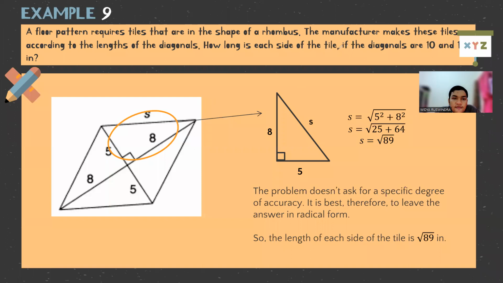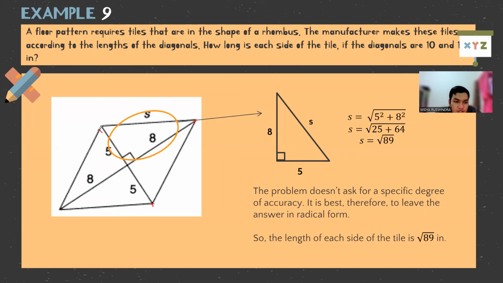We want to find the side of the tile. We say the side of the tile is S, and one diagonal is 10. We know 10 is from here to here, and 16 from here to here.